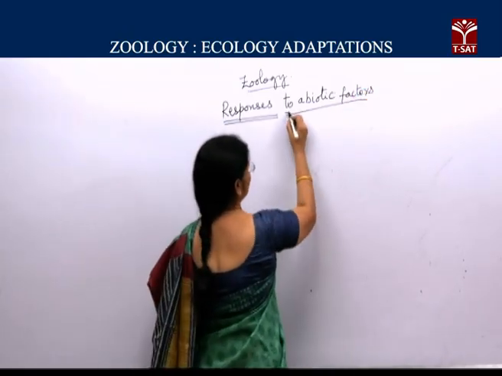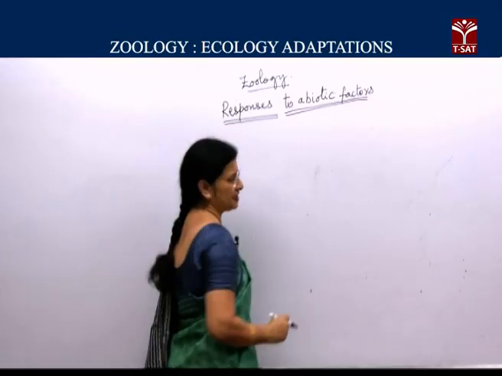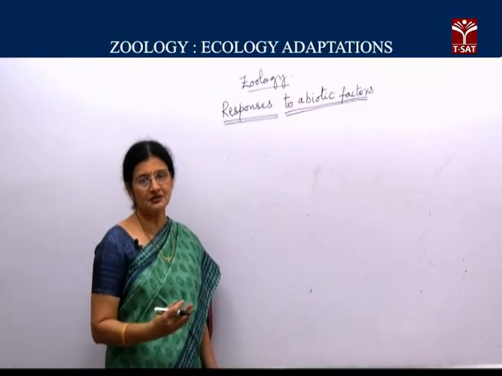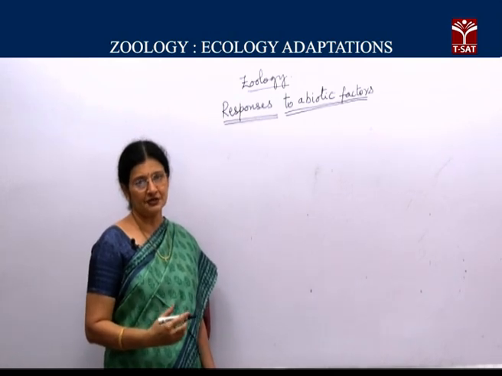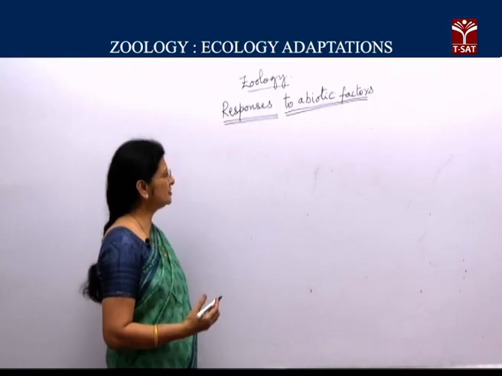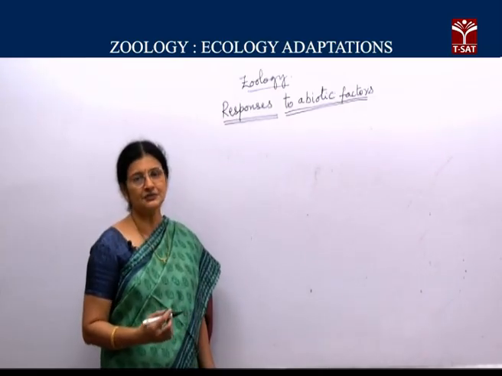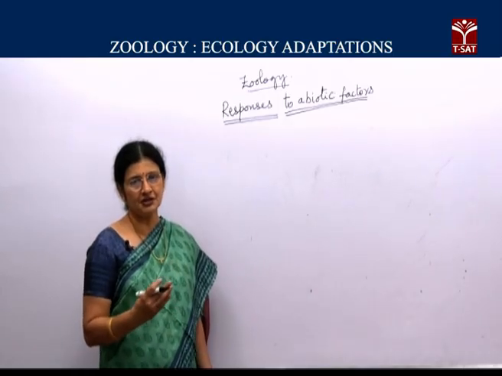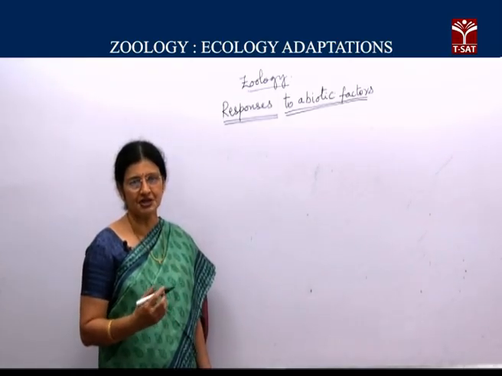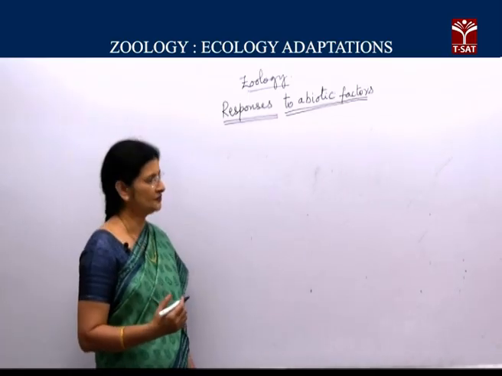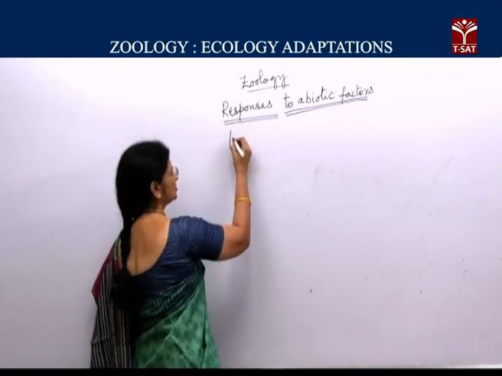When the abiotic factors are showing variations, definitely organisms also respond in different ways. Why should they respond? Generally these organisms maintain their metabolic rate, they maintain the body temperature, they try to maintain the pH of body fluids constant. That is called homeostasis.